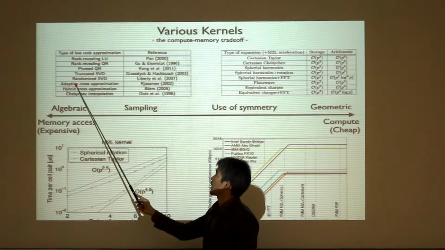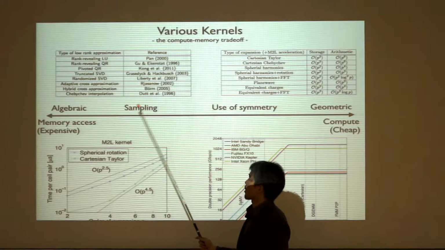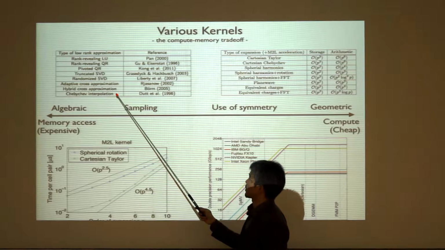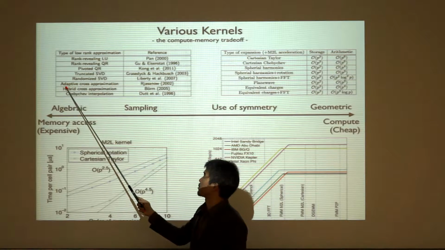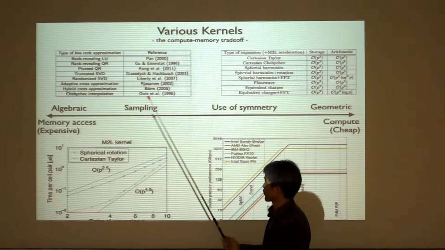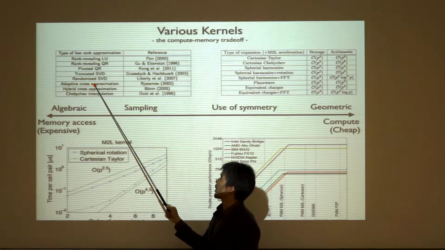And ACA and HCA are methods which have lower complexity, but sometimes these methods fail because they don't look at all the elements. It's not randomized either.